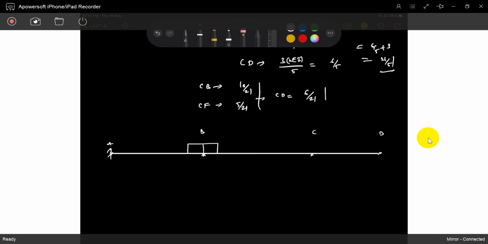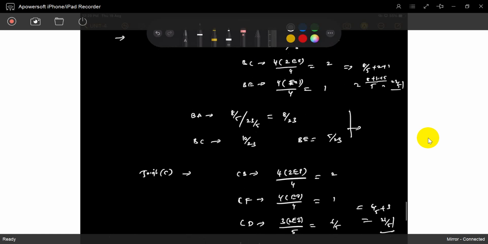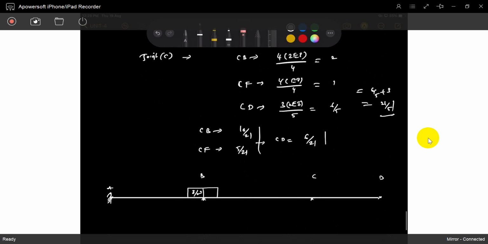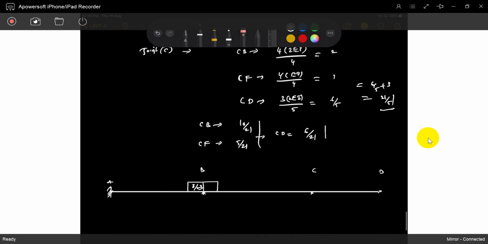A is fixed. So BA is 8 by 23, BC is 10 by 23. Sir, BF is also there. How can I write? We will write separately.